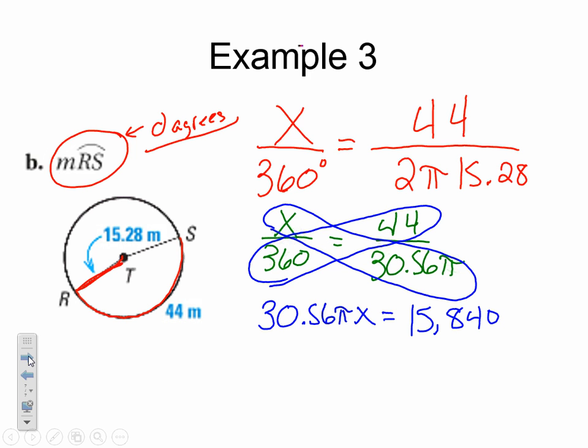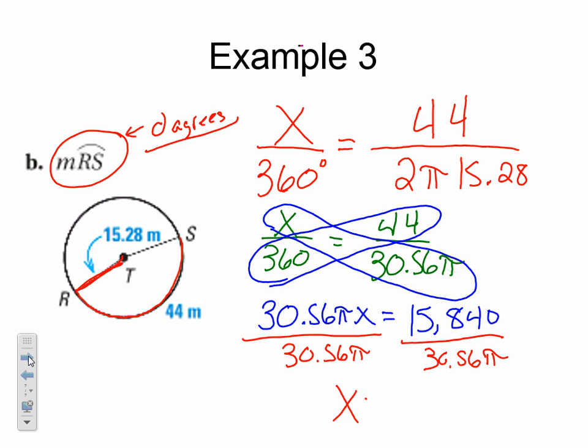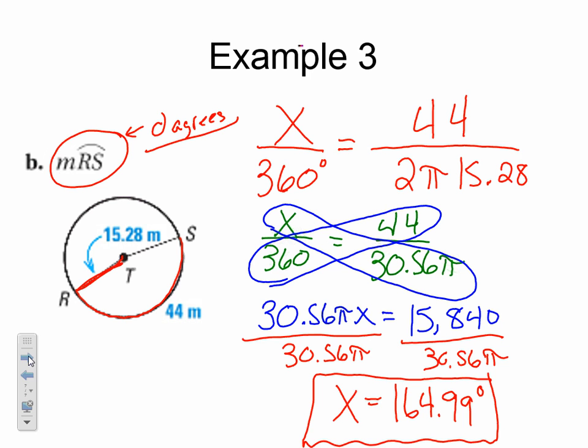To solve for x, I'm going to divide both sides by 30.56 pi. And x equals 164.99 degrees, because I'm finding my degree.